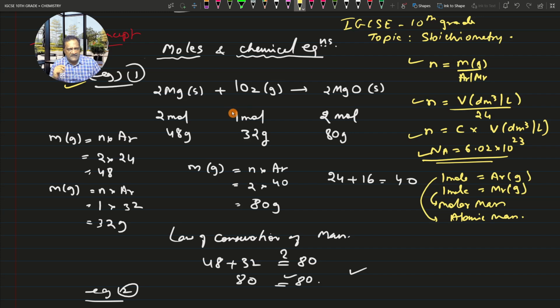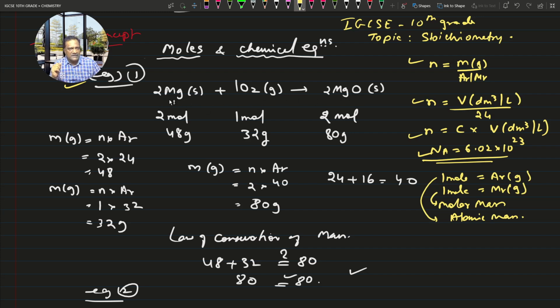This example says that 2 magnesium plus 1 molecule of oxygen gives you 2 molecules of magnesium oxide, and it is a balanced equation. It is very important that the equations you are dealing with in mole concepts are balanced. If they are not balanced, you have to first balance the equation and then proceed with other things. Right now this is already a balanced equation.